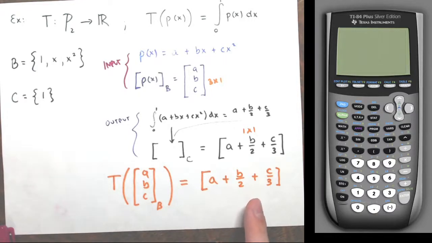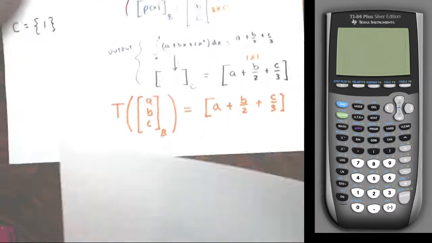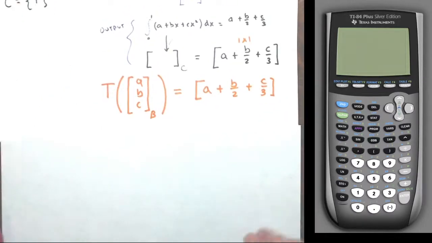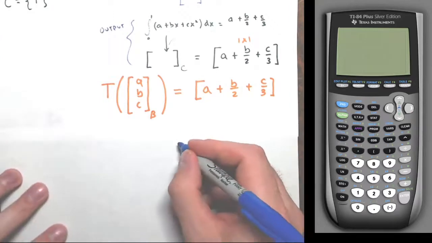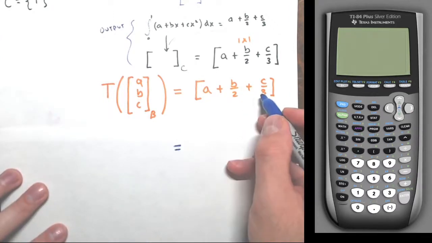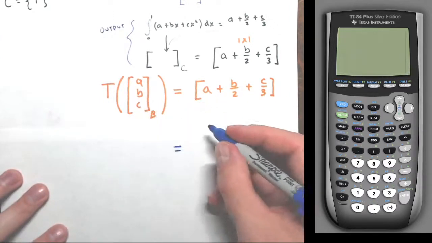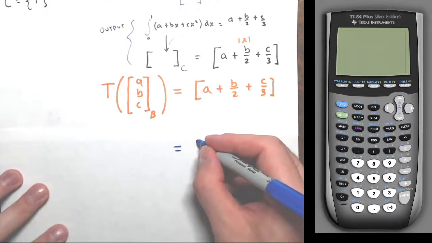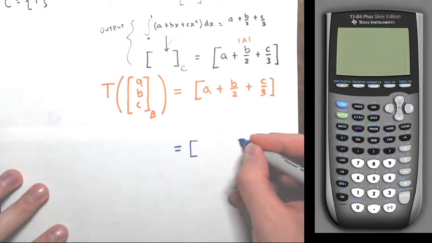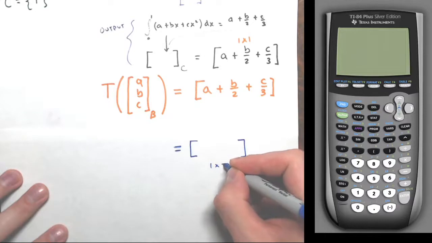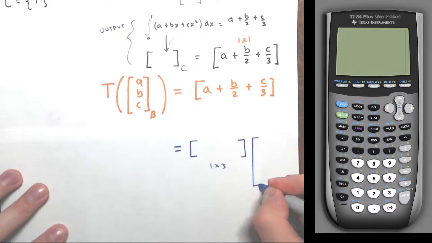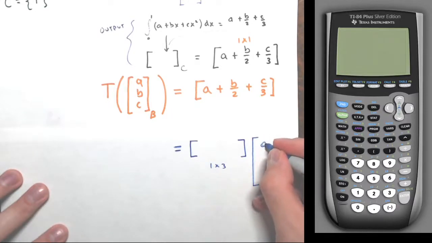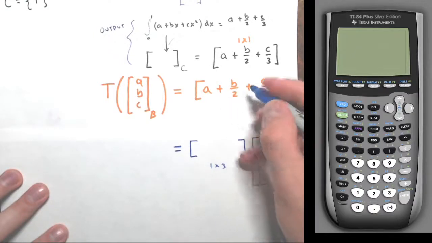And now I can write the standard matrix for this in exactly the same way, where I set this up. I'm going to write this output as a matrix times this input vector. So this will be a 1 by 3 matrix times my 3 by 1 input vector ABC here, and that would give me this 1 by 1.